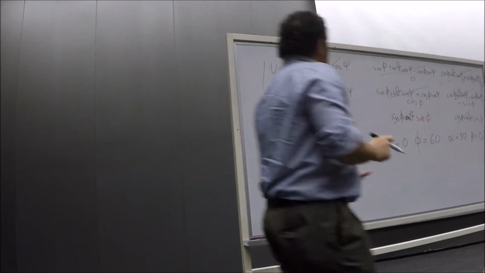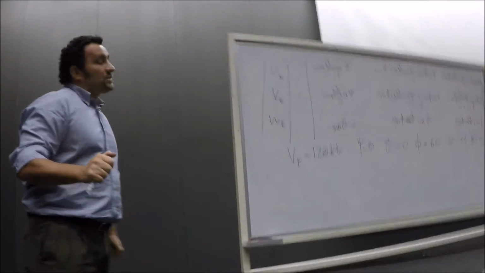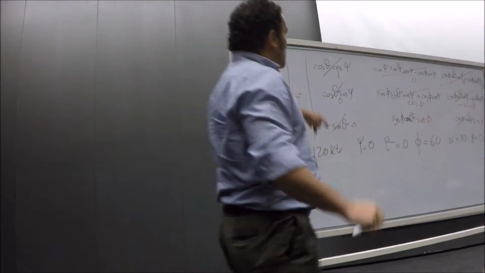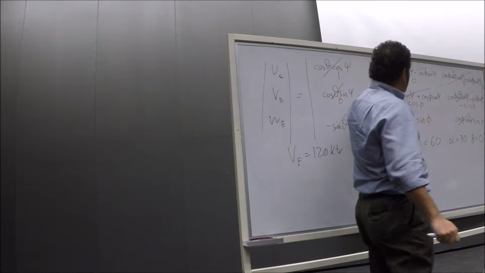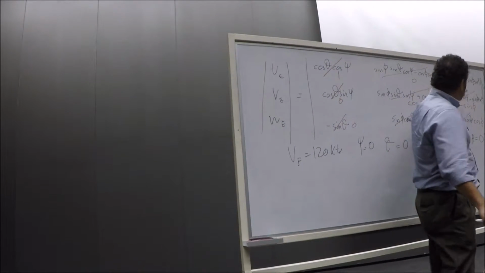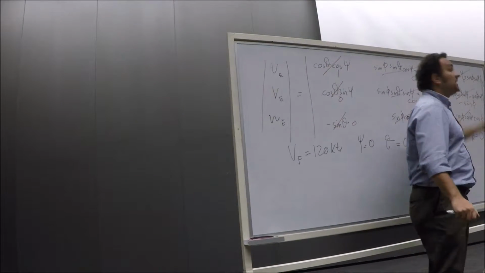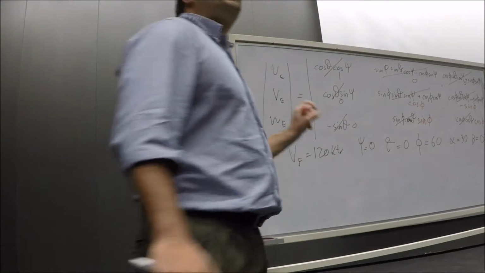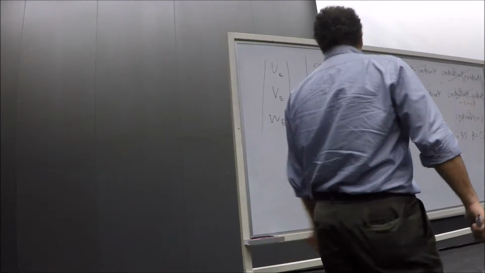Okay. So the transformation matrix becomes somewhat simplified: 1, 0, 0; 0, cosine phi, sine phi; 0, minus sine phi, cosine phi. Okay, everybody with me? Yes or no? Yes. Okay, good.